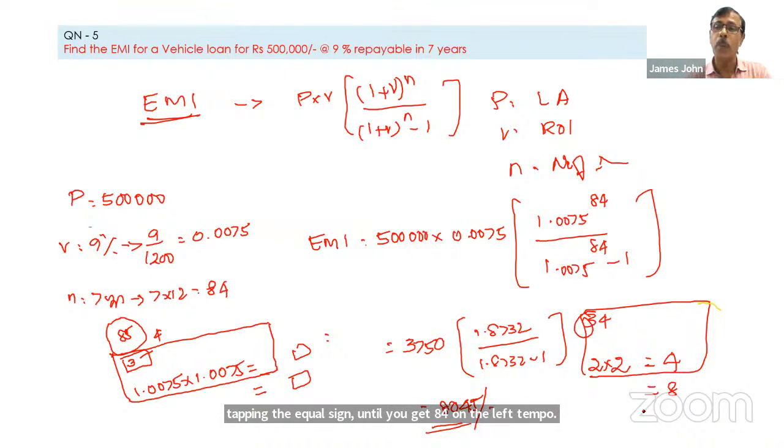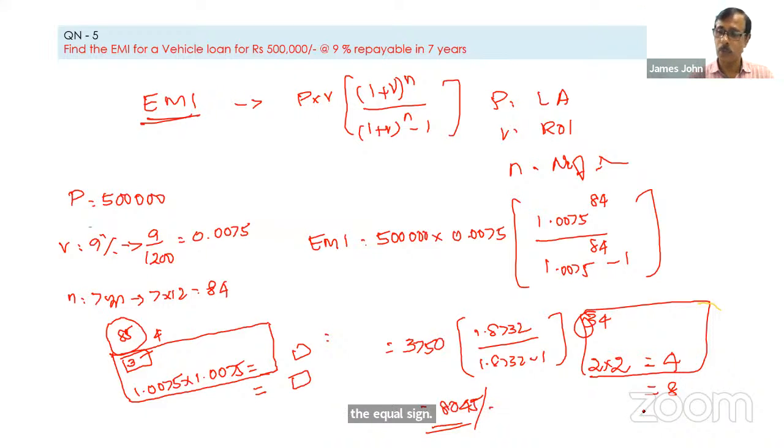Here we want 1.0075 raised to 84. So you erase everything and type in the calculator 1.0075, then the multiplication sign, 1.0075, and put the equal sign. Then keep on tapping.